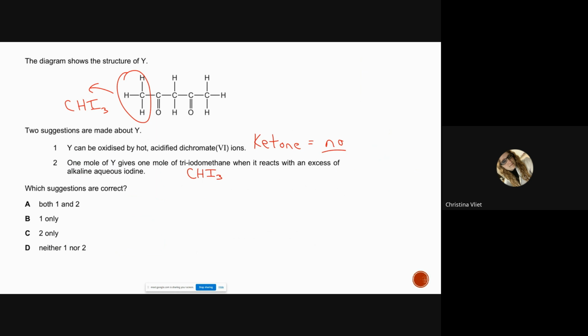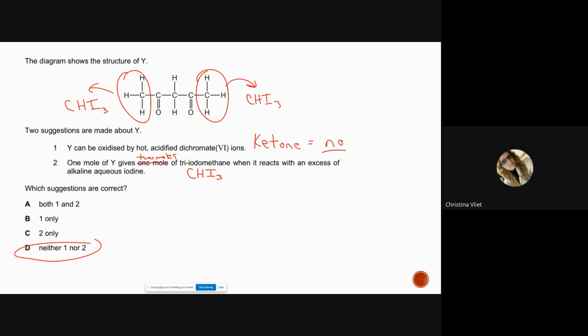Yes. Does it have another CHI3 next to it? Yes. So can that get kicked off? Yes. So 1 mole of triiodomethane is not true. It gives 2 moles. So the answer is? All right, that's the first question.